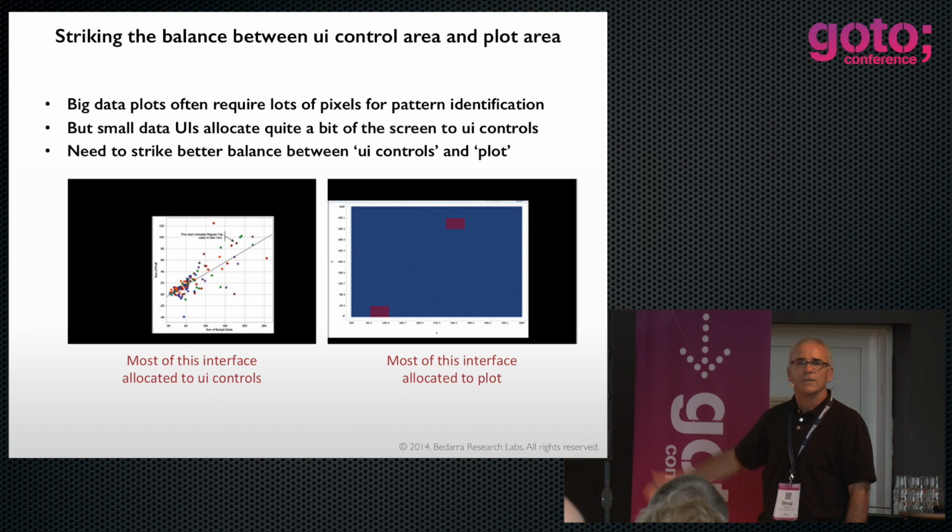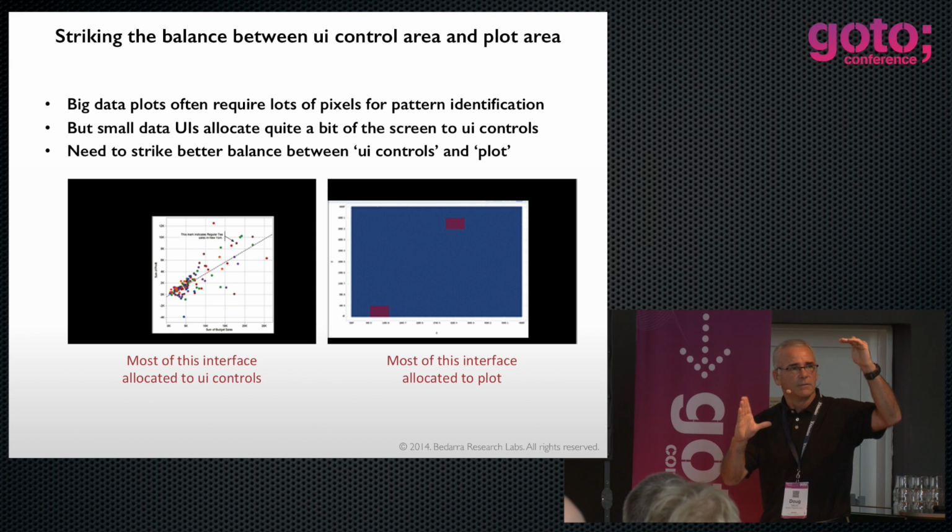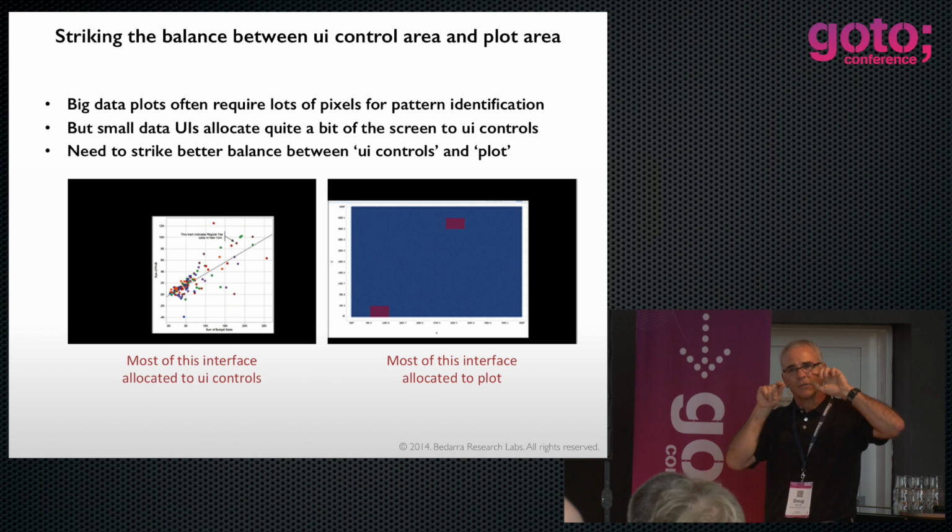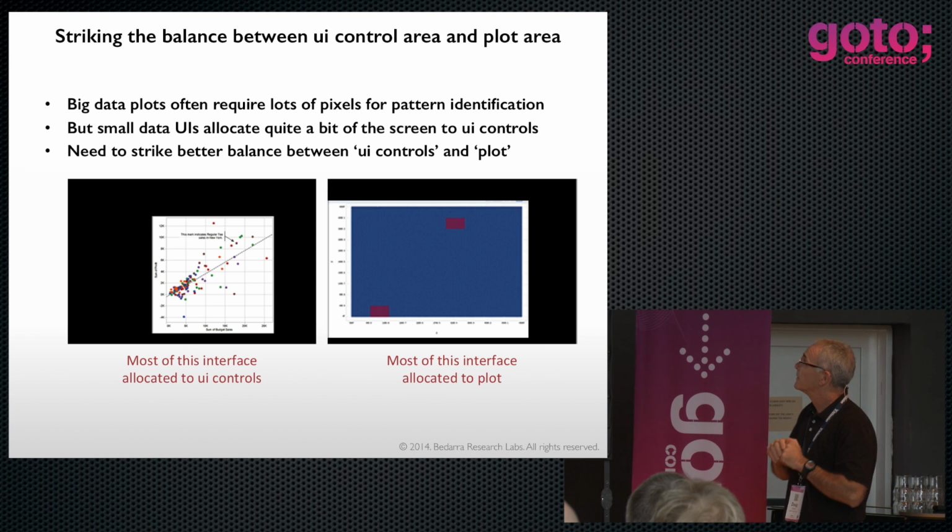Why that's important is that when you're looking for these patterns, you want as much real estate as possible allocated to the actual plot so you can look at the details in there. So we need to strike a better balance between UI widgets and controls and actual plotting.